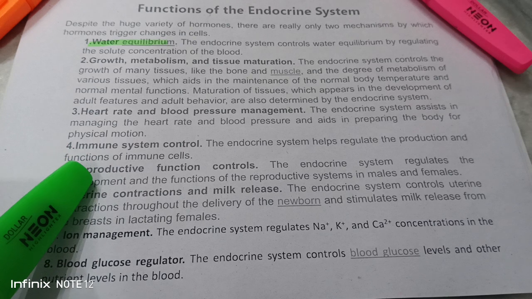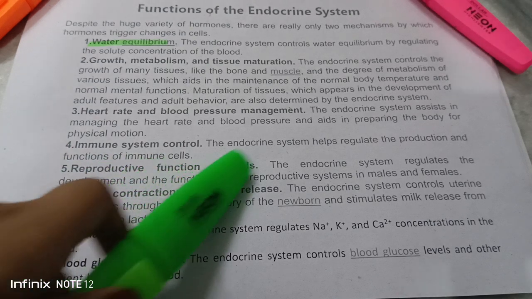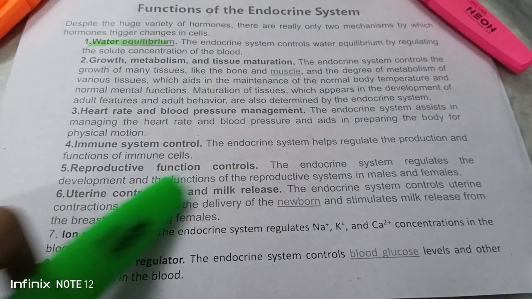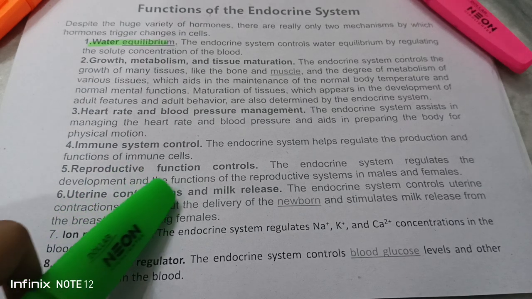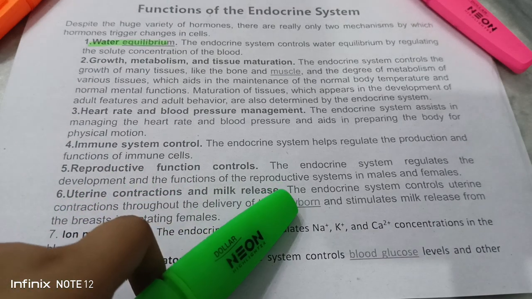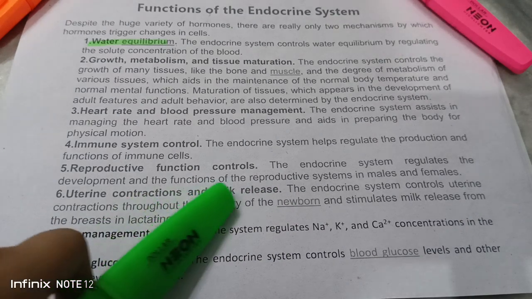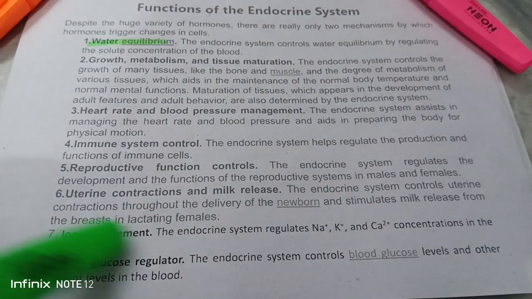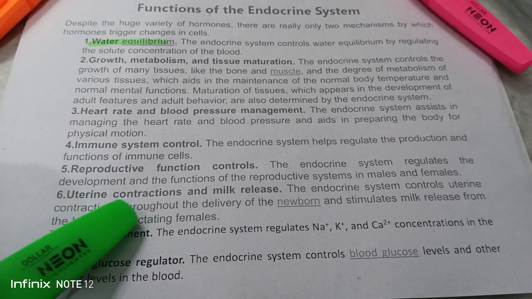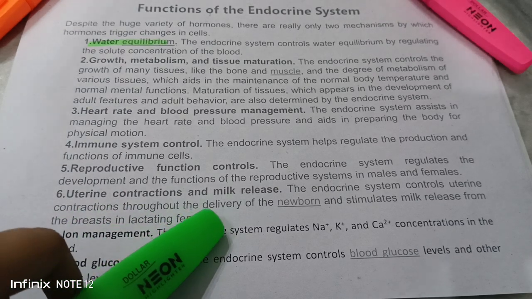Fourth function is immune system control, that it helps regulate the production of your immune cells. And fifth is the reproductive function, that the endocrine system regulates the development and function of your reproductive system in male and female, and helps in uterine contraction and also the release of milk.